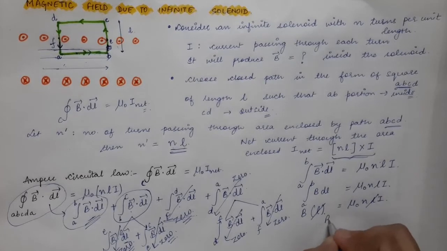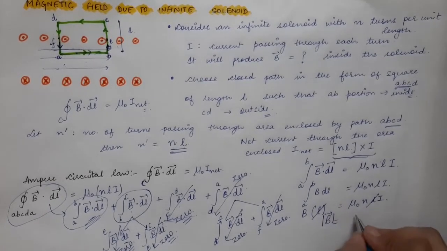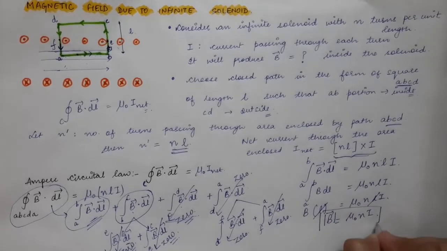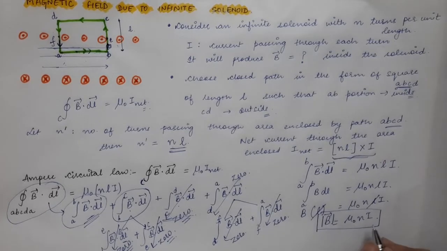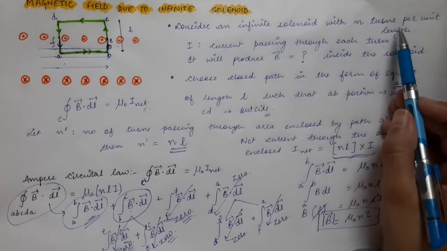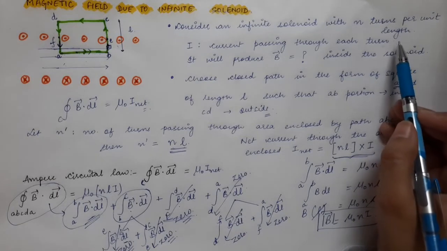So the magnitude of the magnetic field inside an infinite solenoid has come out to be mu naught into n times I, where I is the current which is flowing in each turn, and n is the number of turns which are present in unit length of the solenoid.